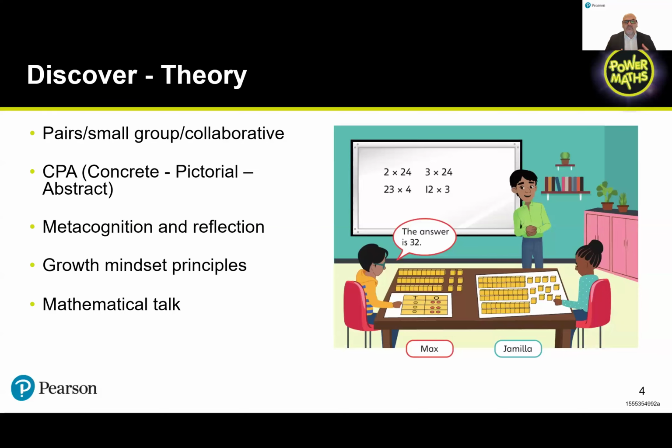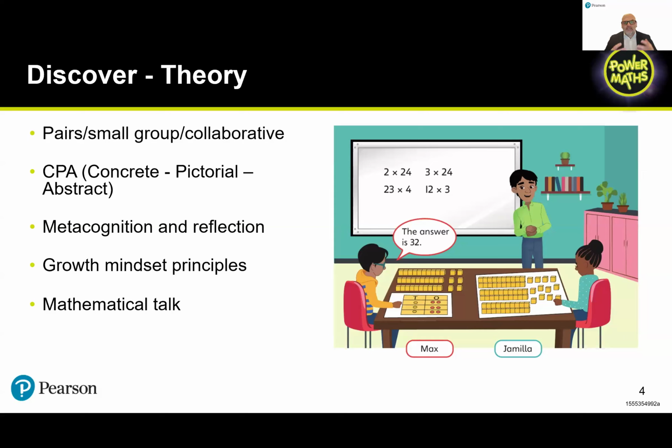So the idea is that there should be enough to get children into the task to make sure they understand it and then have a go themselves using manipulatives. You'll notice that throughout both the Discover and Share, it's full of that concrete, pictorial, abstract. We're trying to give children and teachers the representations to use. And you'll notice there's a lot of metacognition and reflection built into the questions and everything else that we do.